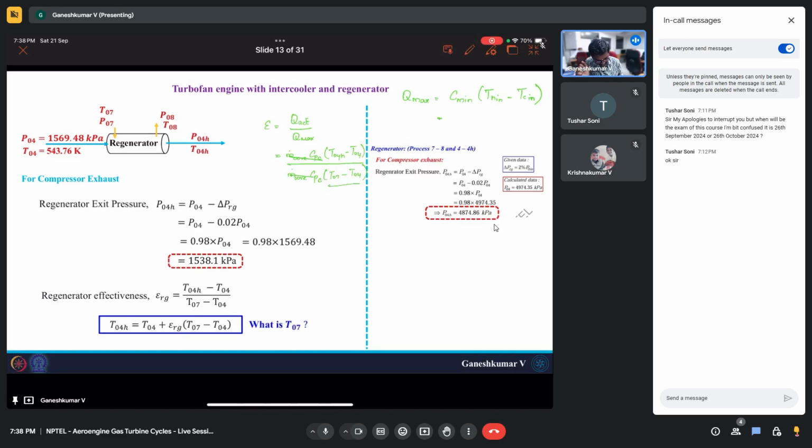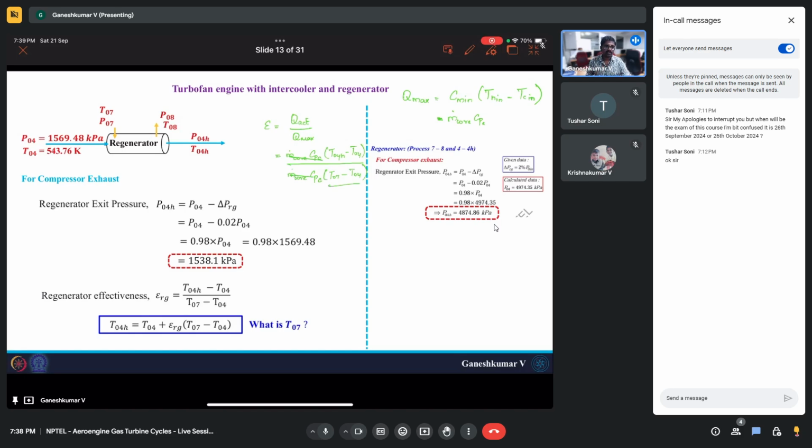This C min here is nothing but m dot core CPC, which is the lowest heat capacity rate. CPC is the specific heat capacity. So C min is nothing but m dot core into CPC in this problem.